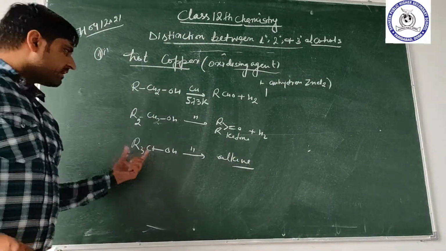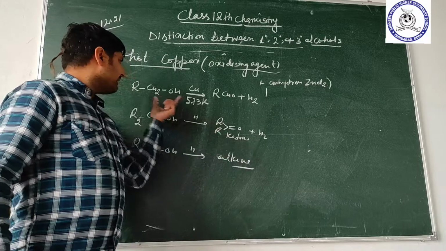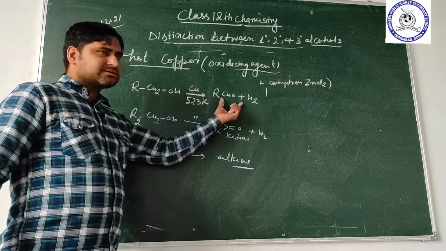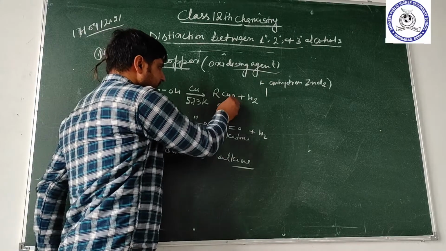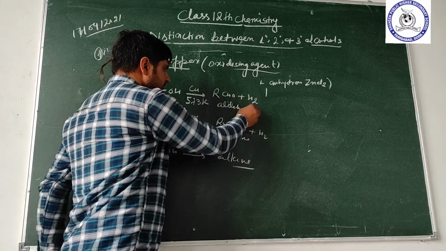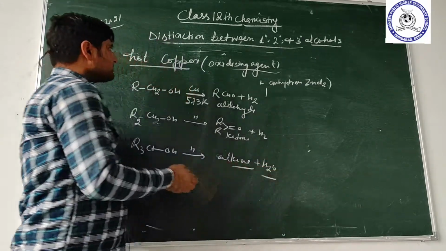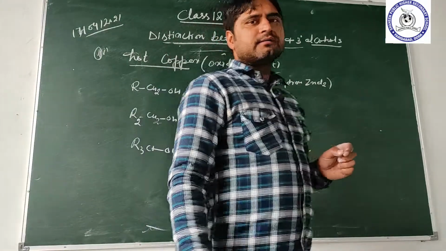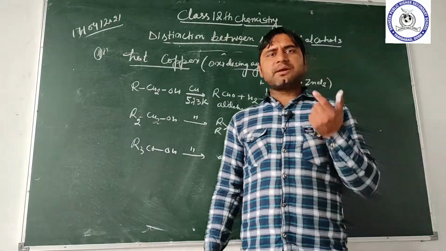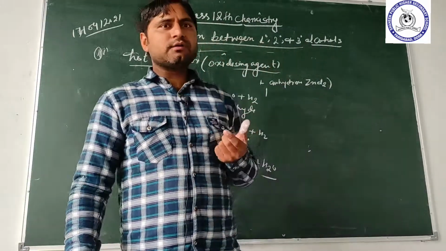This means tertiary alcohol gives alkene, secondary alcohol gives ketone, and primary alcohol gives aldehyde. This is the general formula of aldehyde. So these three tests are used to distinguish between primary, secondary and tertiary alcohol. Thank you.